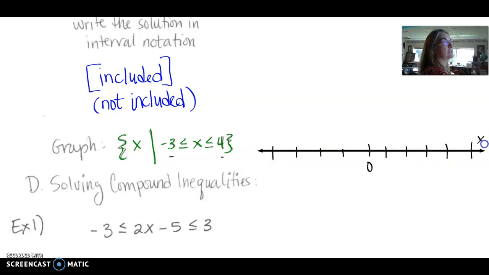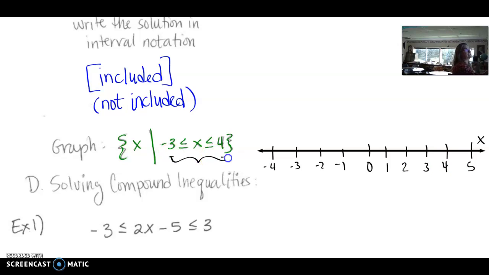And again, this is all the values of x that we're talking about. -1, -2, -3. You want to make the numbers convenient for what numbers are involved in the problem. And so what this is really saying is that x is stuck in between two numbers, and those numbers are -3 and +4. And it's all the values in between those two numbers.